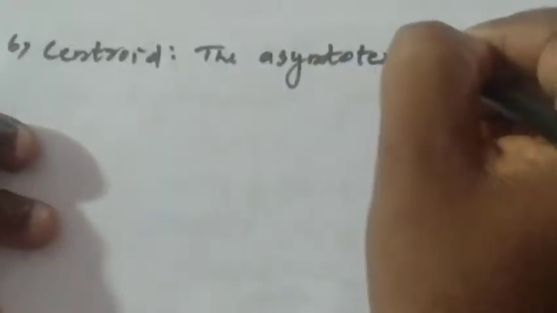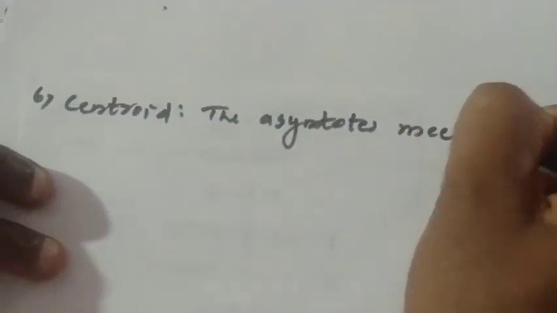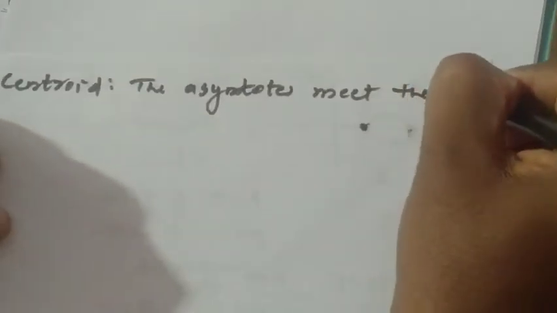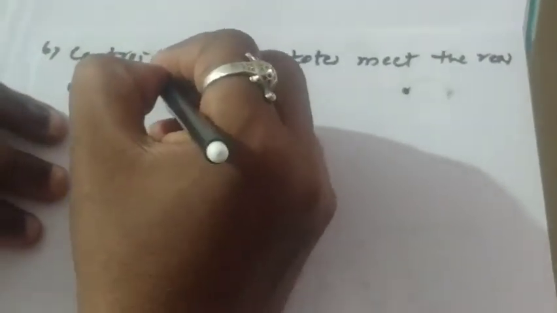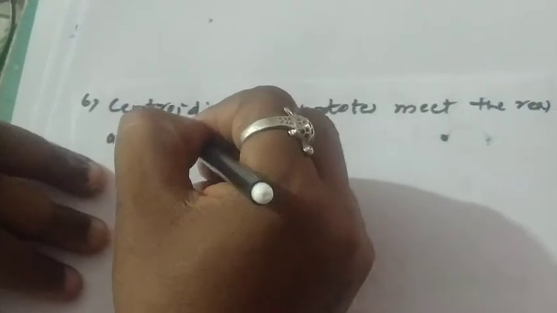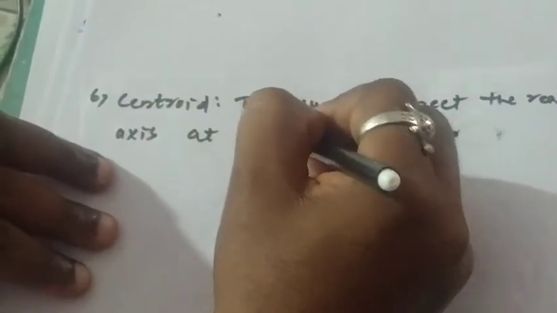Okay, now the sixth one is the centroid. The asymptotes meet the real axis at the centroid.